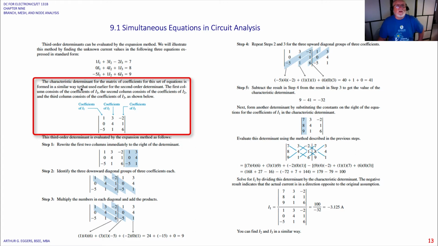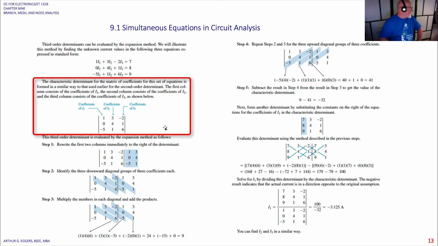Okay, so the characteristic determinant for the matrix of coefficients for this set of equations is formed in a similar way to that used earlier for the second order determinant. The first column consists of coefficients of current 1, second column current 2, third column current 3.